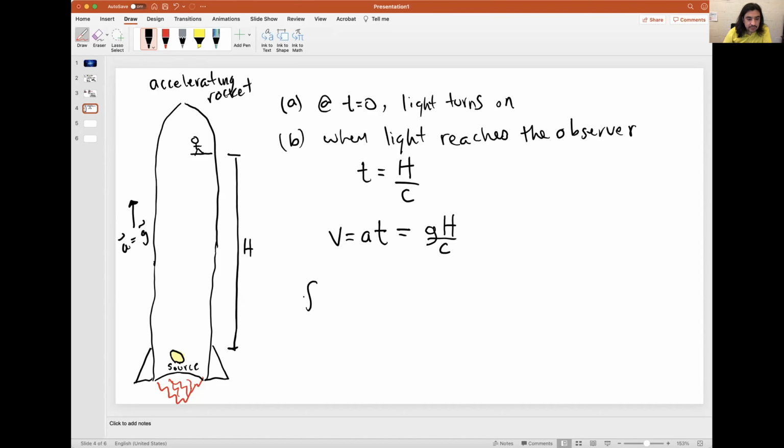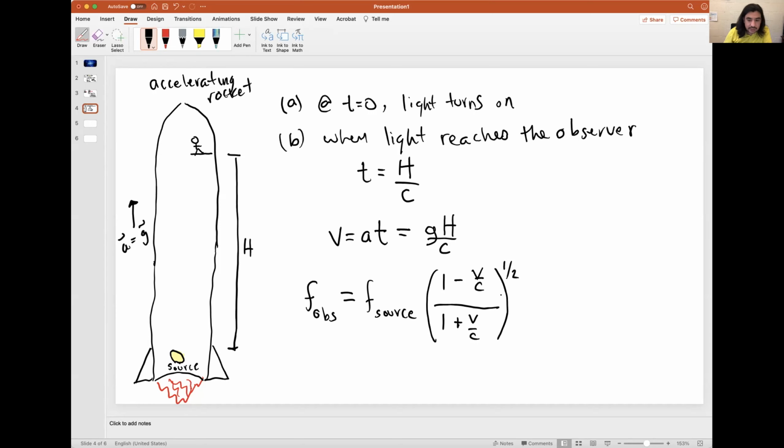This is the frequency observed by the person. It's going to be equal to the frequency of the light source, times the square root of 1 minus b over c, the speed of the rocket over the speed of the wavefront, over 1 plus b over c.